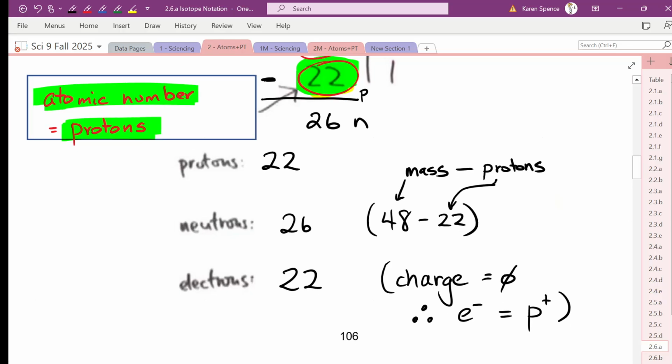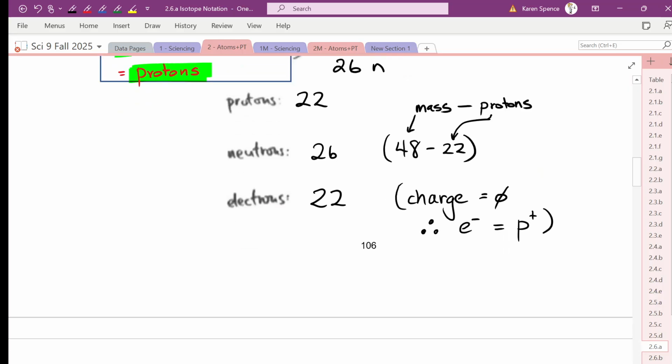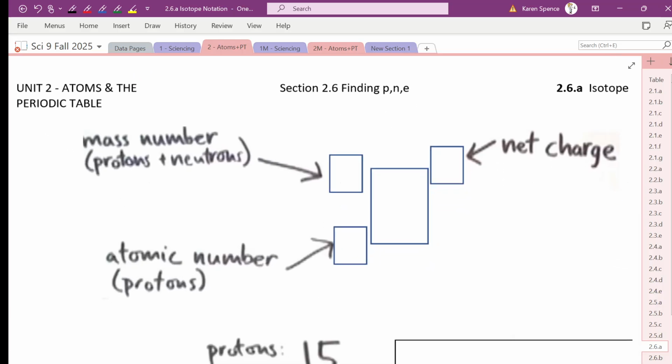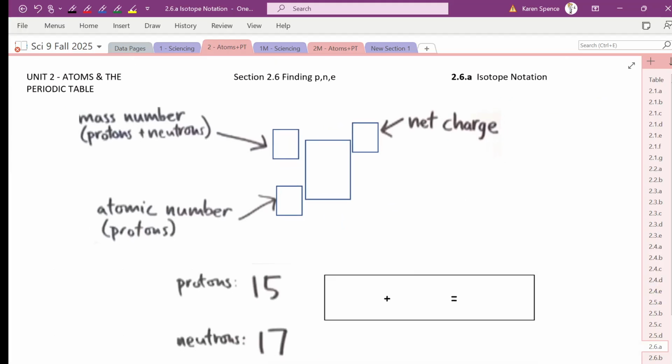Okay. Let's try the next page. Oh my gosh, this is backwards this time. Goodness me.